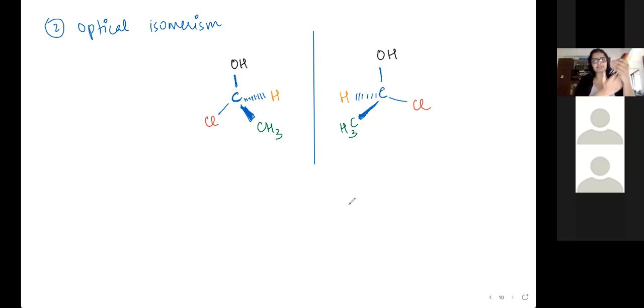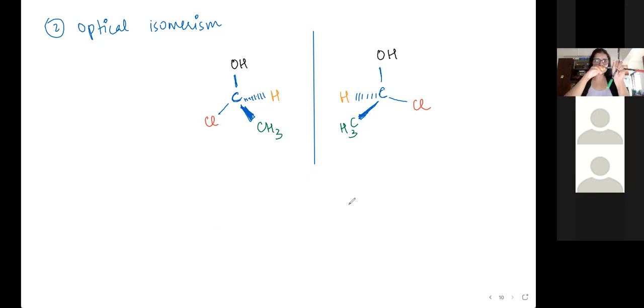Okay, let me get the 3D version of this thing. OH black is on top, red is on the side. Instead of orange, I took yellow, so just adjust. So that is away from you. And green CH3 is towards you.